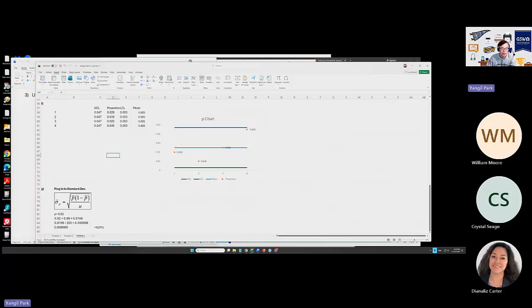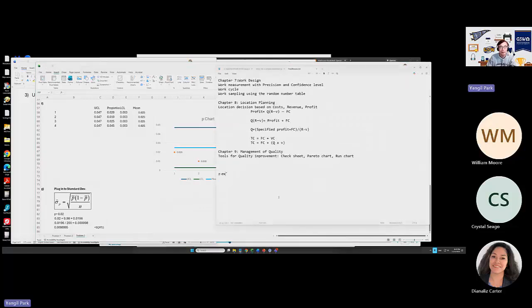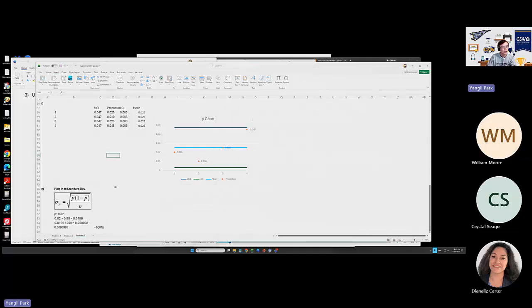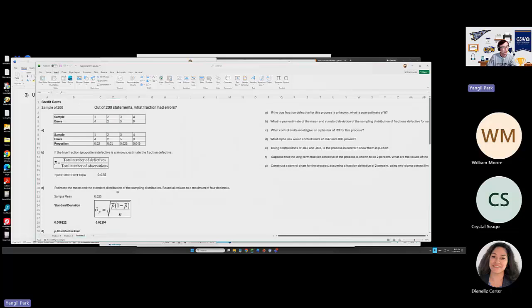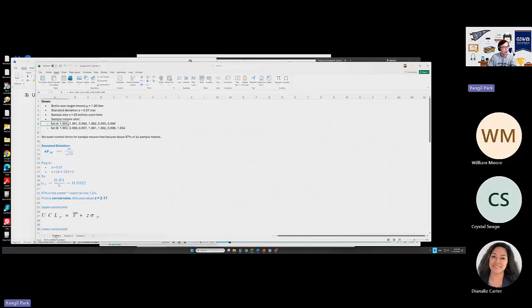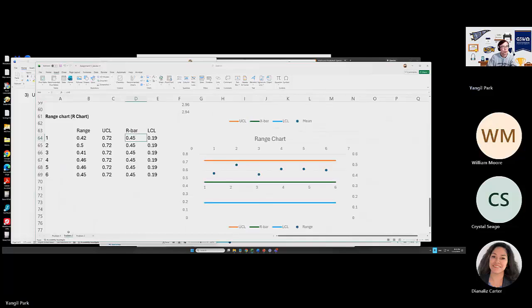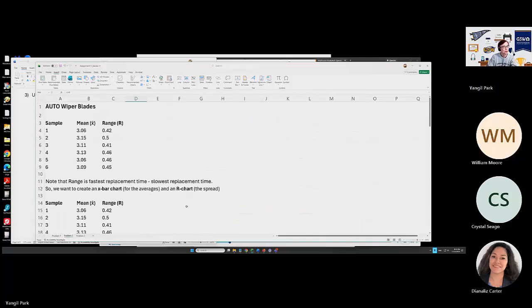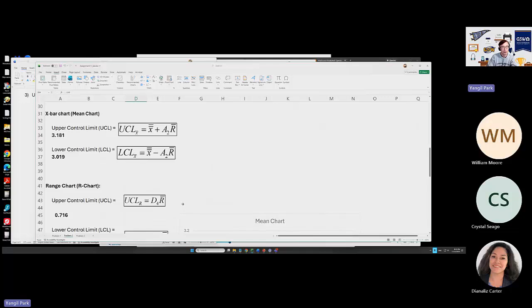Any other questions? In terms of the final, I'm going to send out details, but my thinking is chapter 7, 8, 9, and 10 that we just did, but I don't think we're going to do a lot with this chapter. Just probably simple questions like a plot, X bar or R chart, those kind.